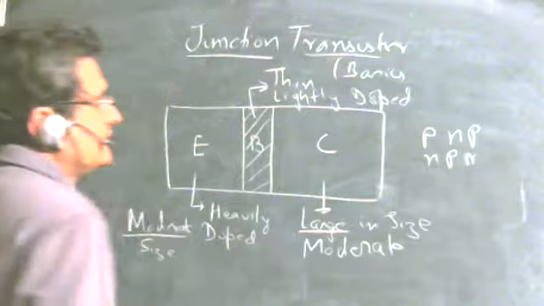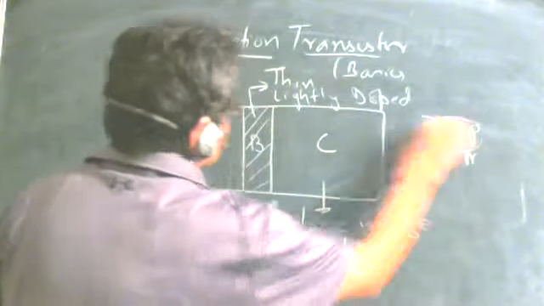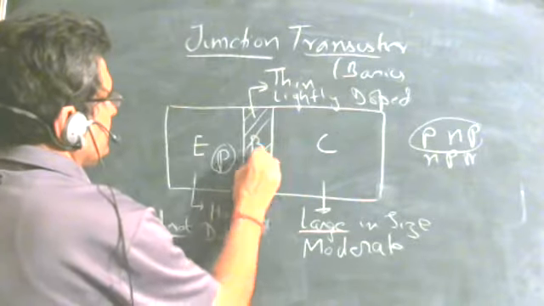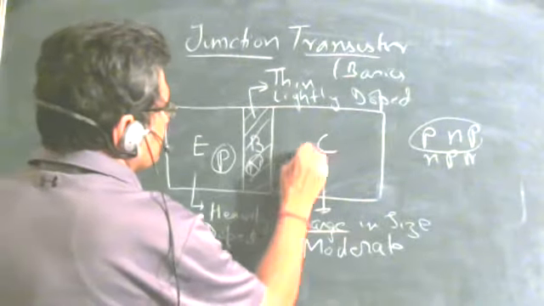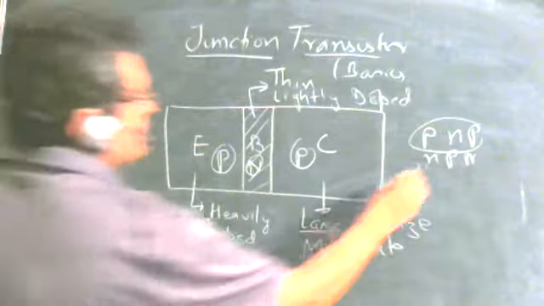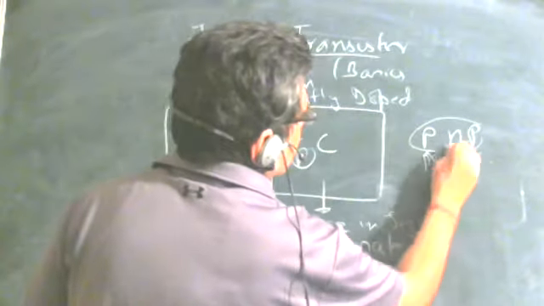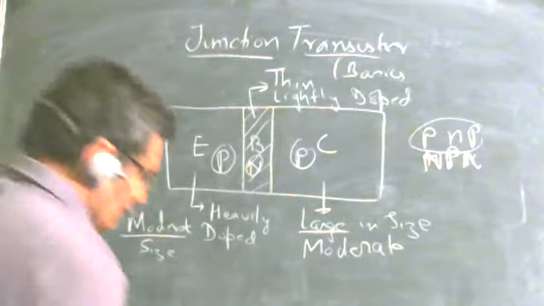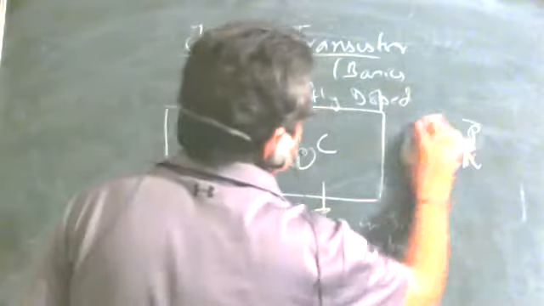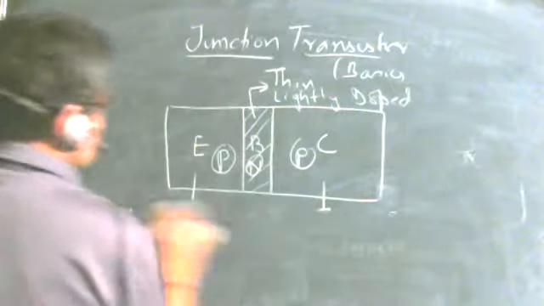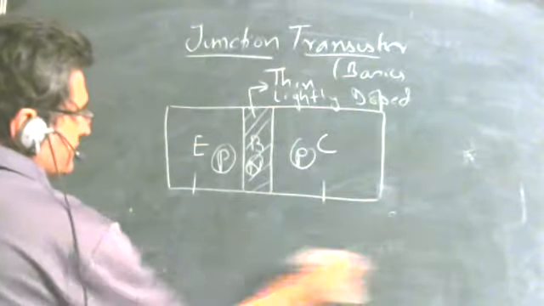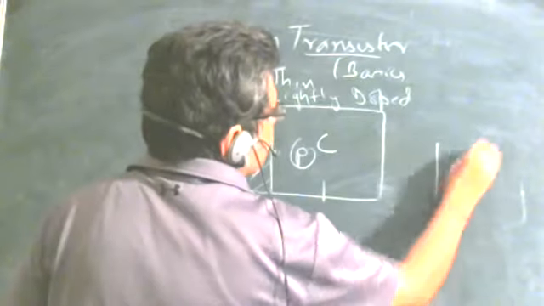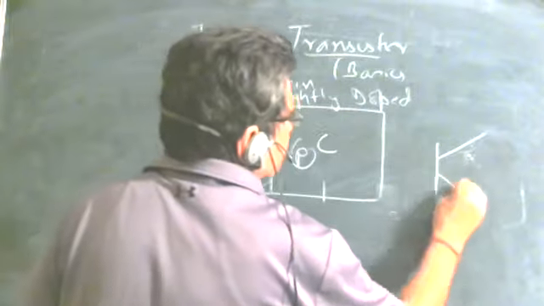Let us take the PNP transistor, where the emitter is P type, the base is N type, and the collector is again P type. We can take NPN also, but I am right now taking PNP. First of all, we should know how to draw the symbol. When you put it in a circuit, what symbols signify the transistor? The symbols are this.